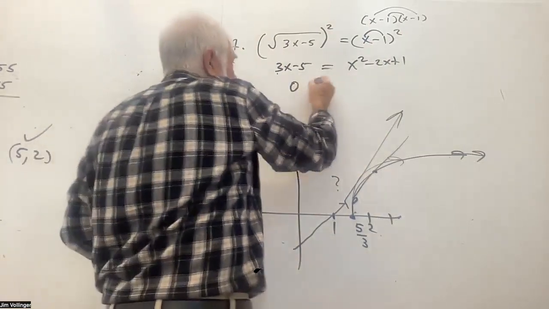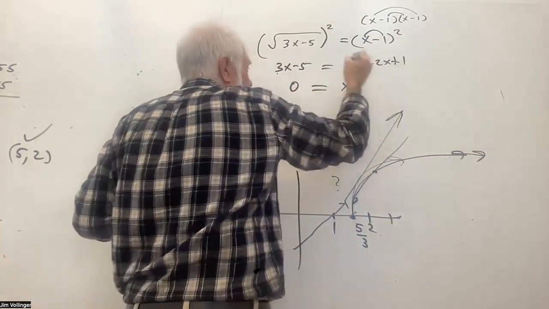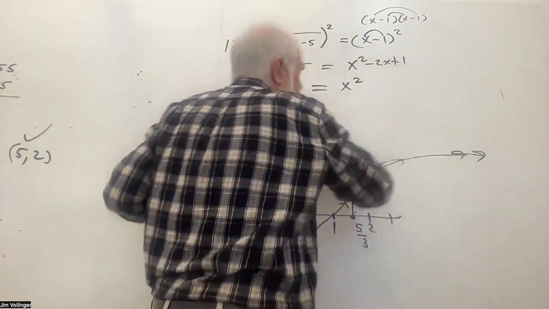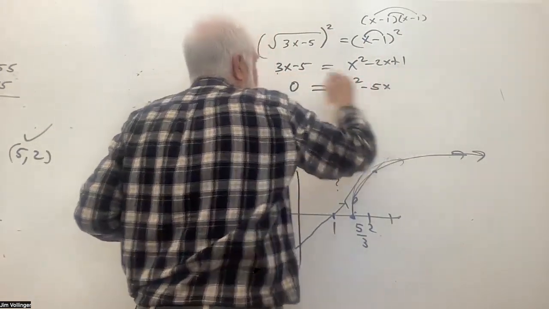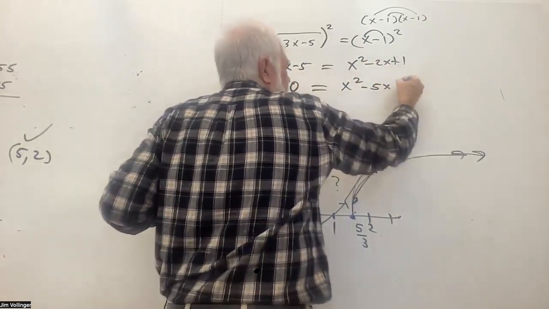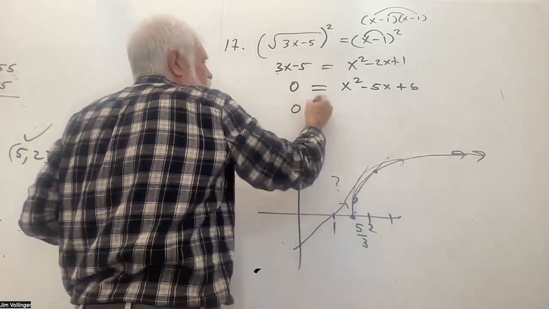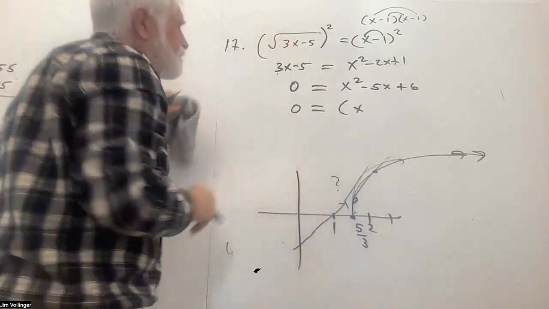All right, so we set it to 0. I don't like working with negative x squared, so we'll leave x squared on this side. I think I might need a little bit more room. Take 3x, so that's minus 5x. Minus 5 becomes positive 5, so that becomes 6. Oh, this looks very friendly. x, no, it's not friendly, is it?